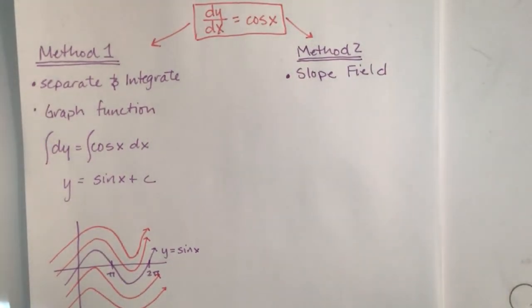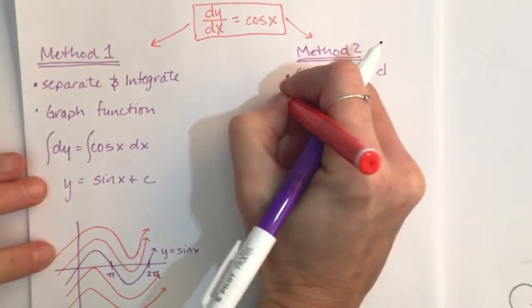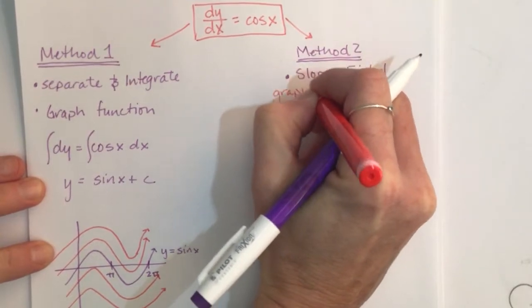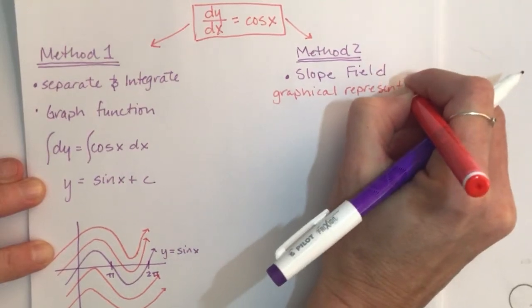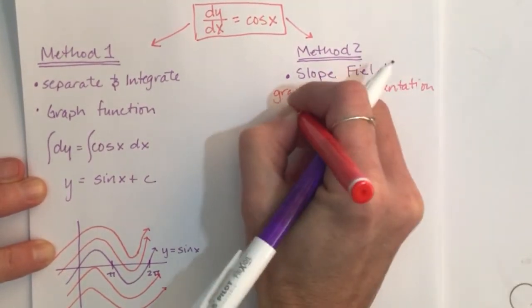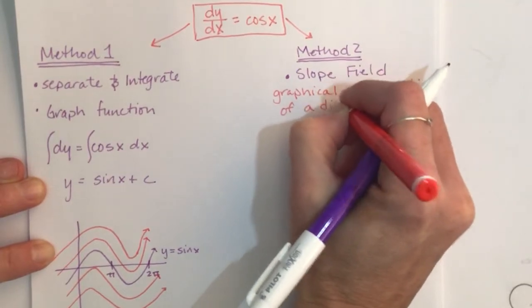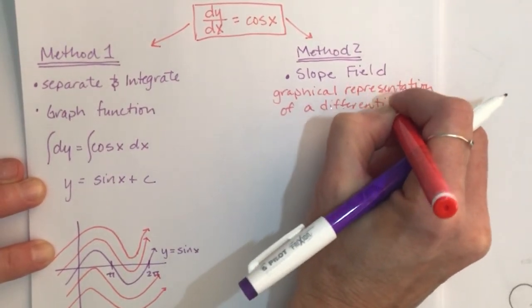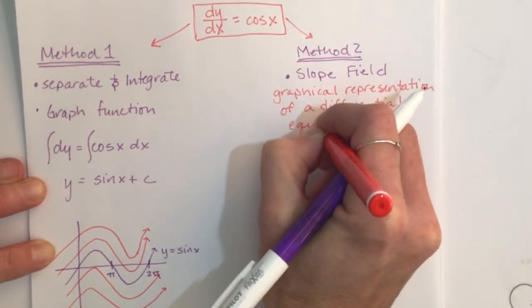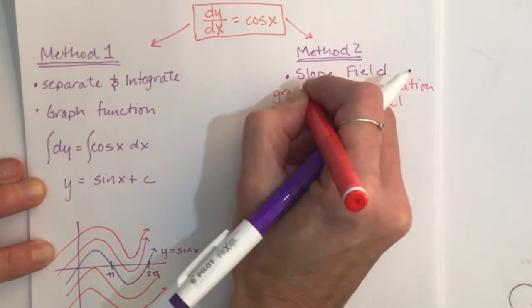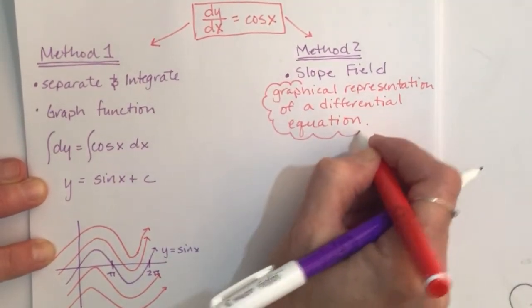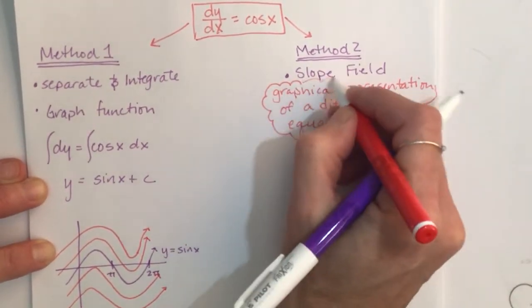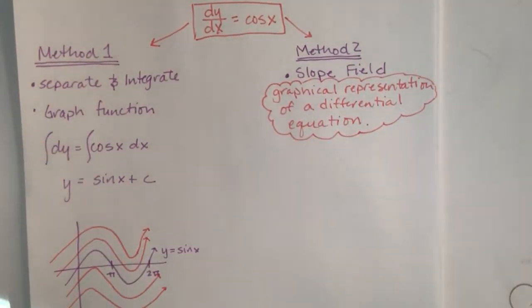A slope field is a graphical representation of a differential equation, in the same way that our first method was, but it's going to look slightly different, okay? So here we go.